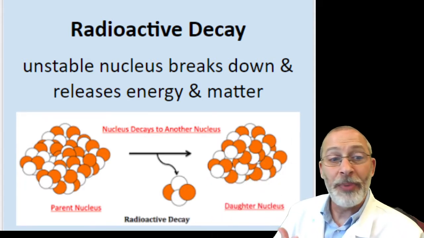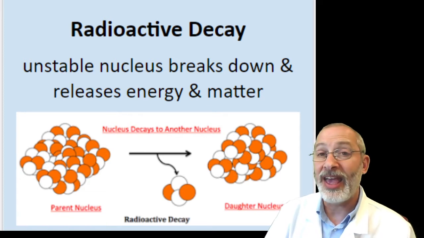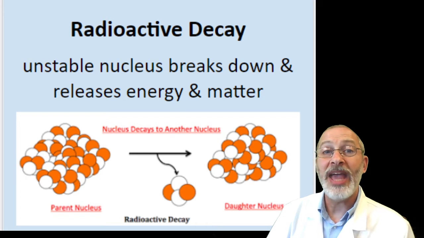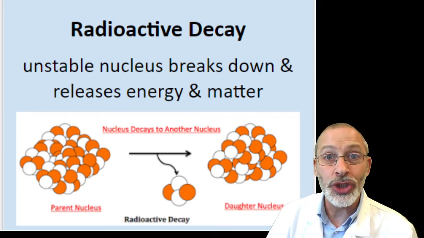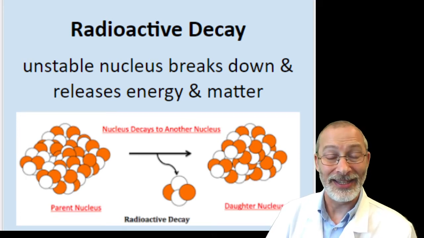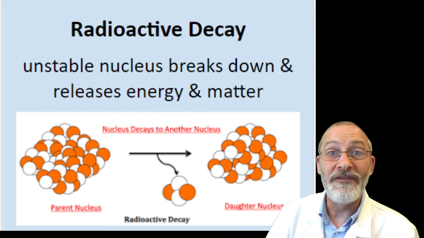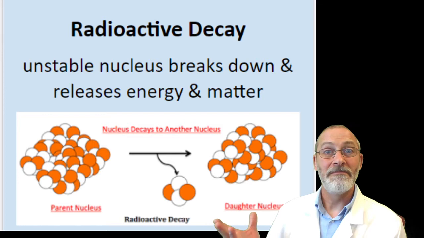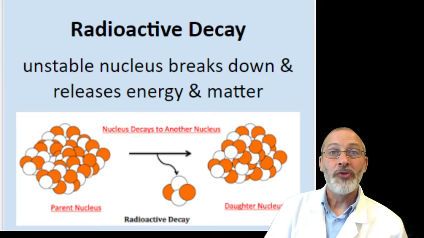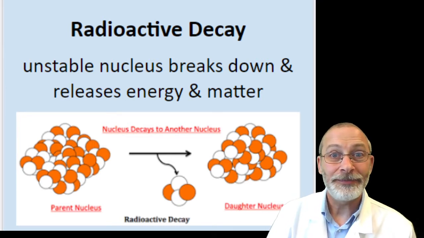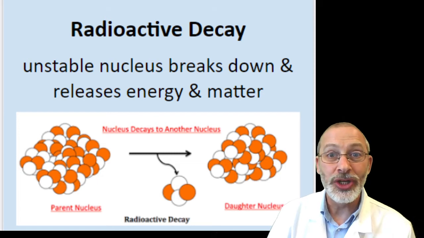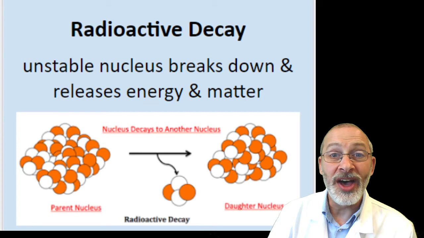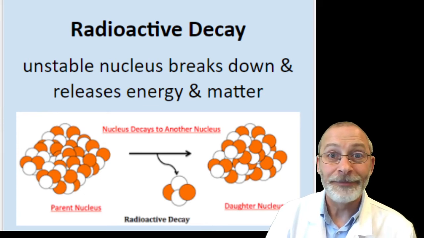Now, depending upon what kind of decay is taking place, this may actually change the identity of the very element's name. In other words, radioactivity can change one element into another element.